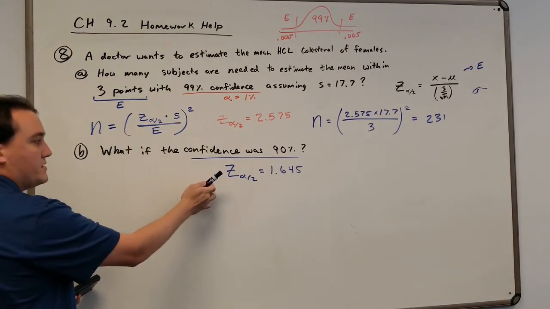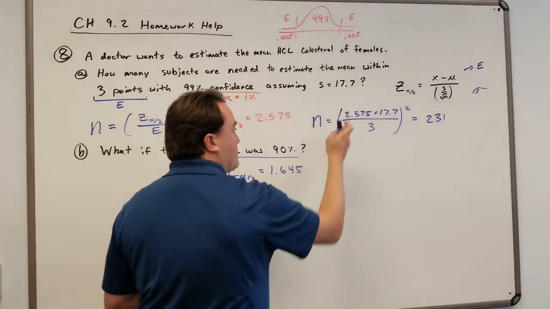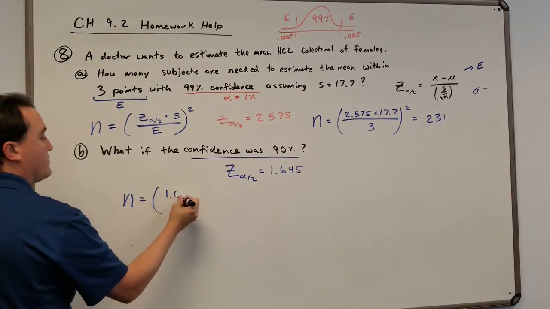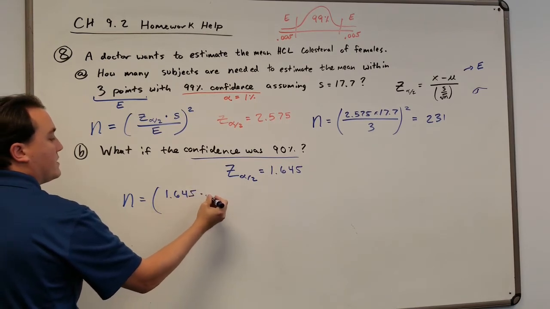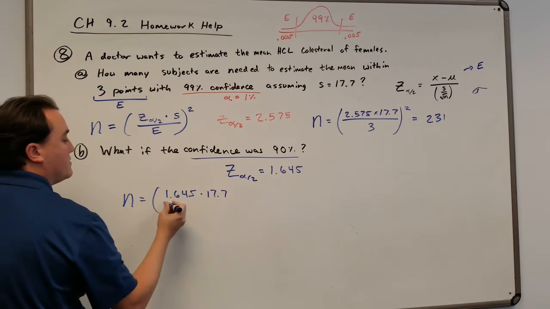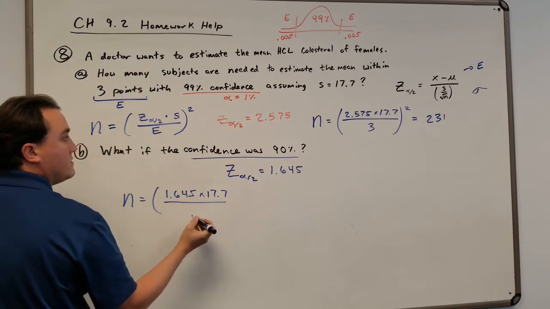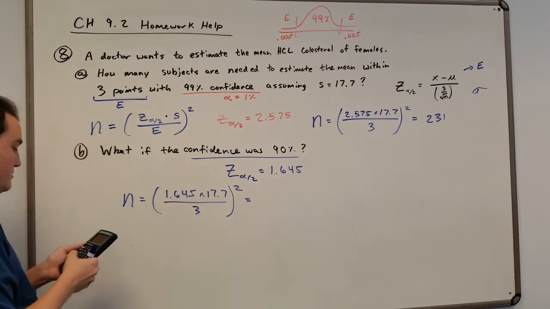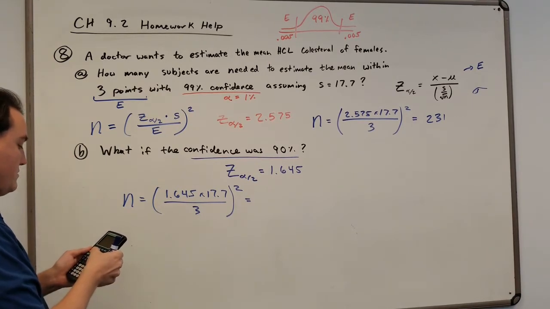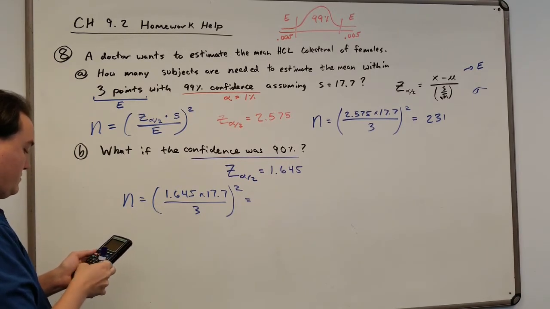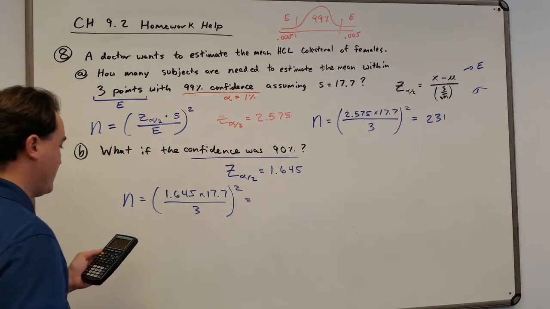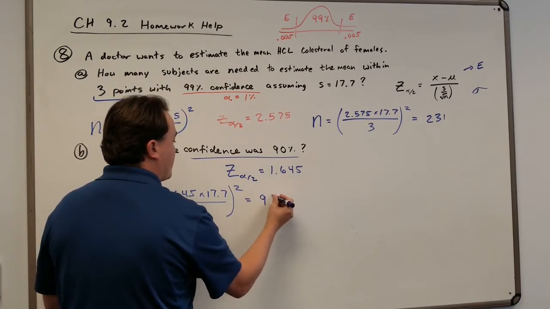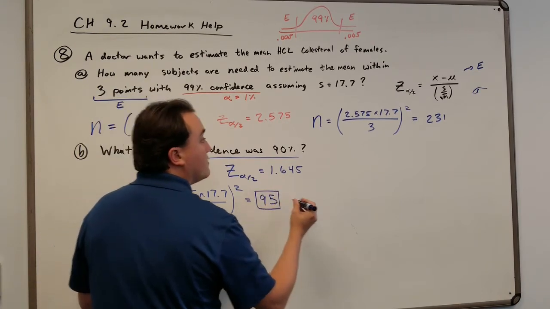But the only difference is that 1.645 goes here. So we have n equals 1.645 times 17.7 divided by 3 squared. We get 94 or 95, as we can say for that one.